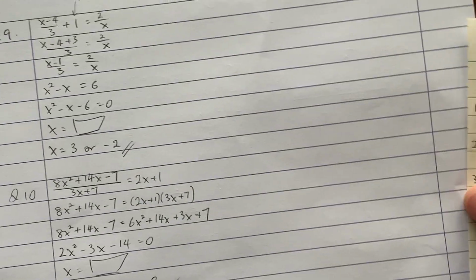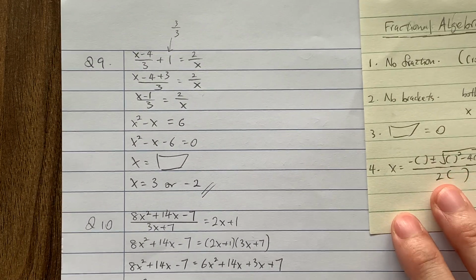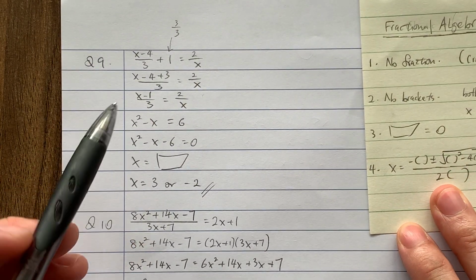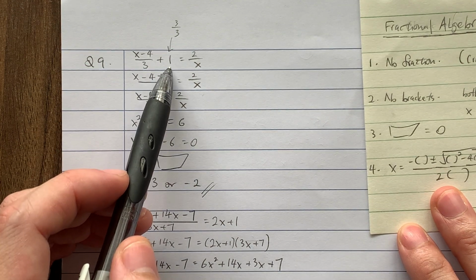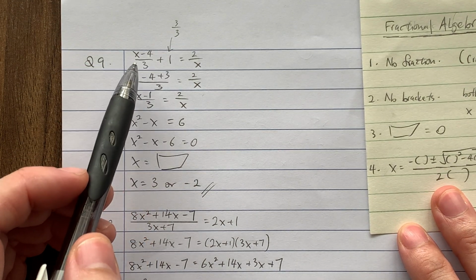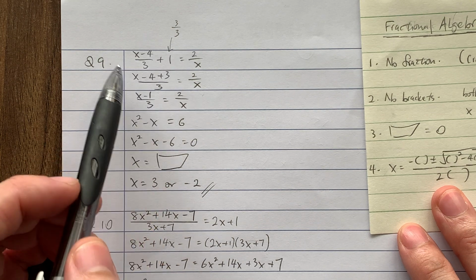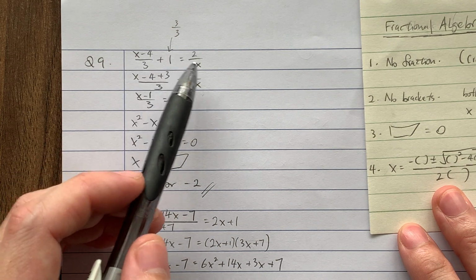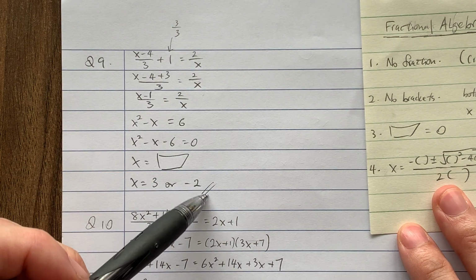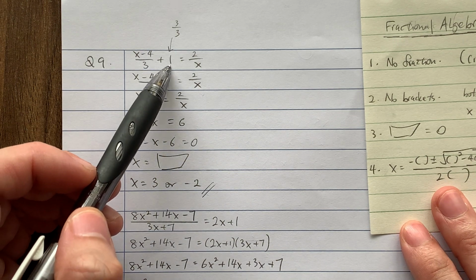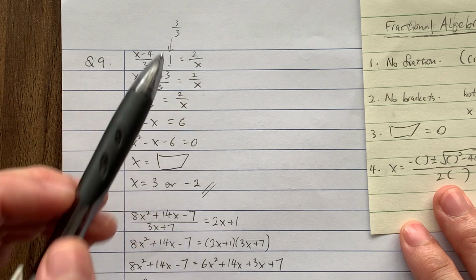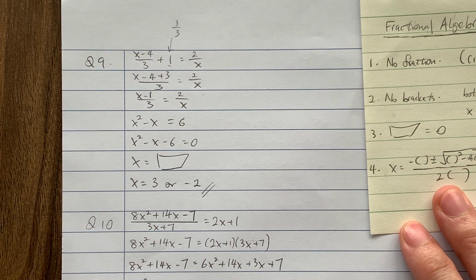Okay, so we're at the last two questions now. So this one is a little bit more strange, right? I have a number here. So in this case, I can combine this one to get a fraction equal to a fraction, and then I'm going to cross multiply. So to combine this 1 here, I'd like to see this as 3 over 3. Why 3 over 3, not 4 over 4?